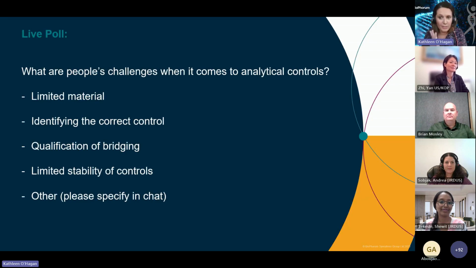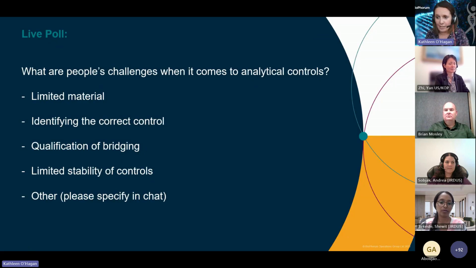Right. So, before we go into the panel discussion, we do have another poll for you, but we're interested to hear what you think are the main challenges when it comes to analytical control. So is it limited material? Is it identifying the correct control? Qualification of bridging, we hear a lot, is a challenge, possibly limited stability of controls, or other.